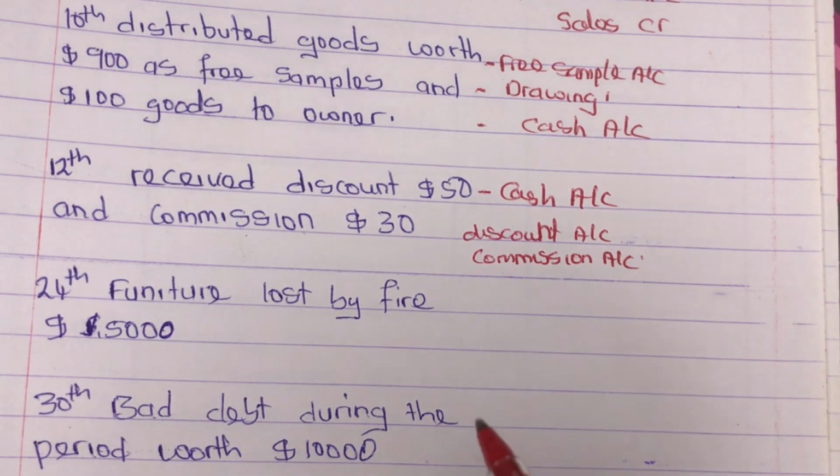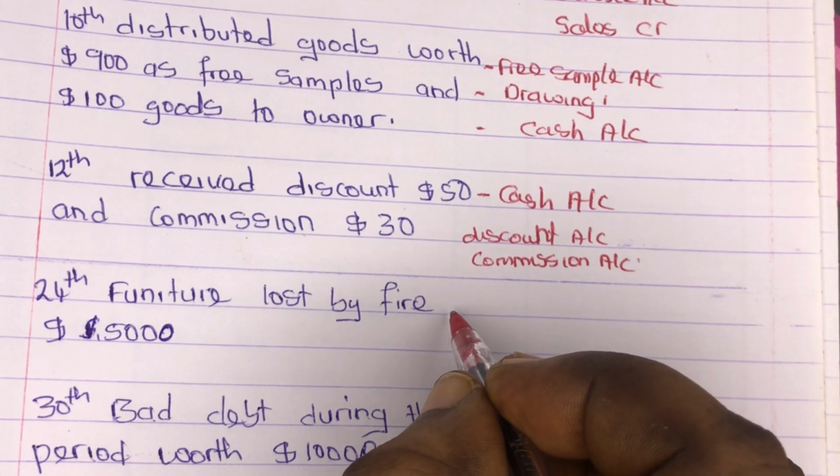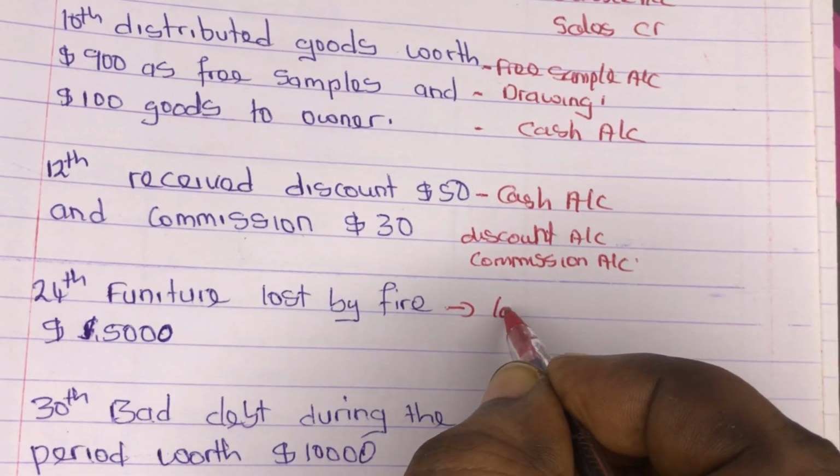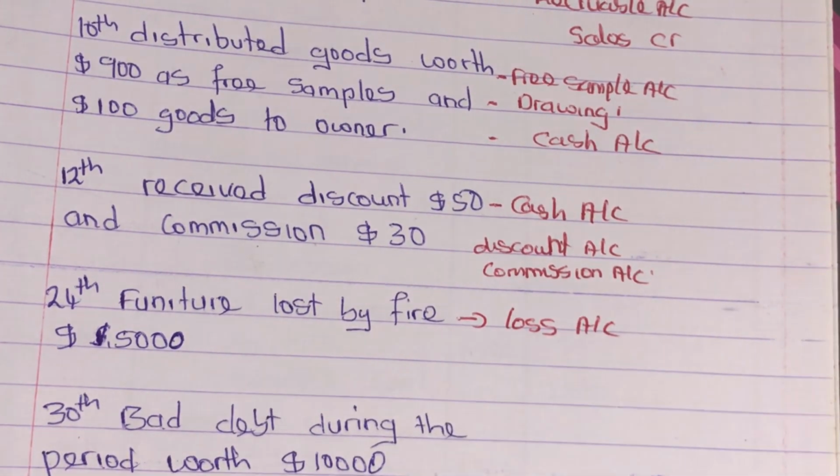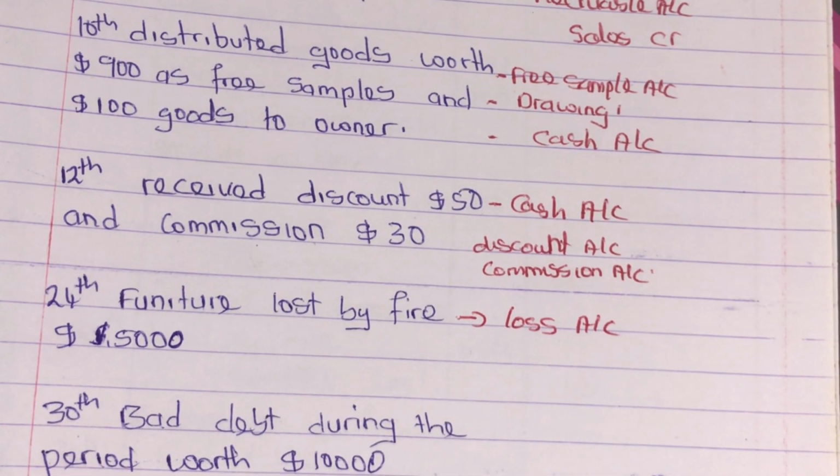The first account is the loss account. Remember the first golden rule that says that you debit all the expenses and the loss. So here the business is incurring a loss. So we debit the loss account.